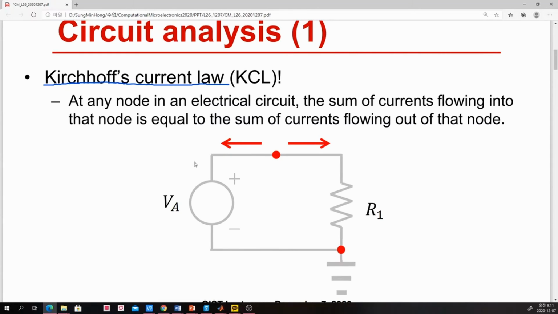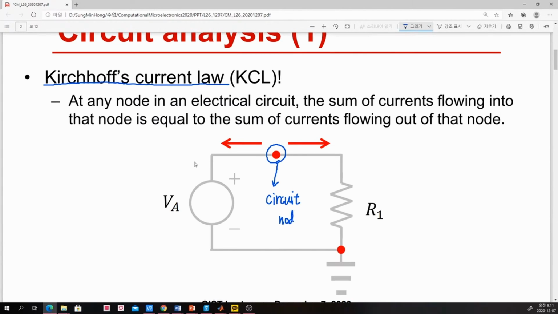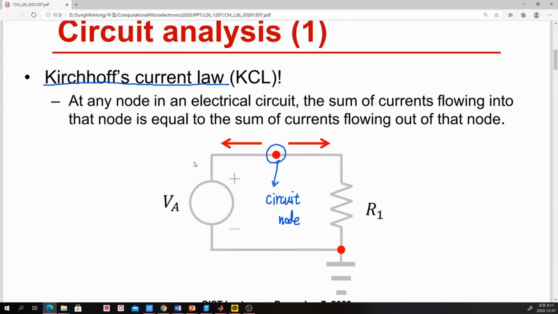You know that this red dot is called a circuit node, and for each circuit node, we can apply Kirchhoff's current law. It can have many branches.